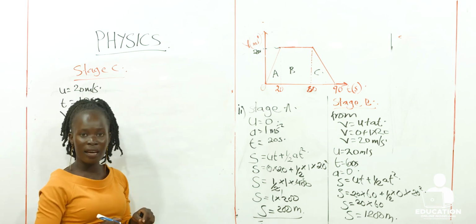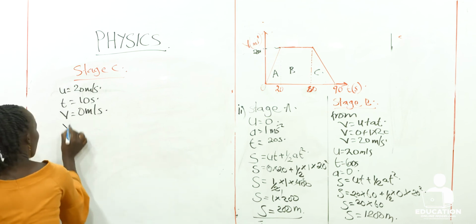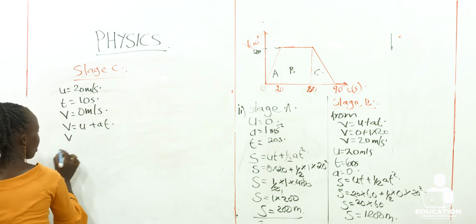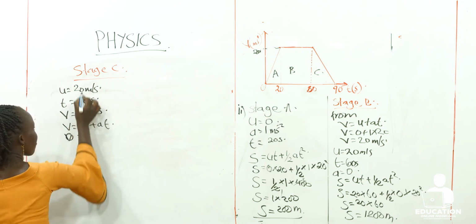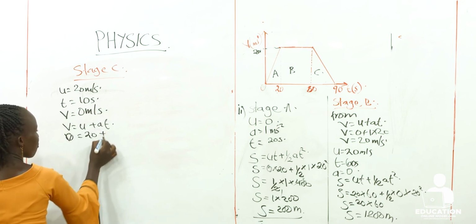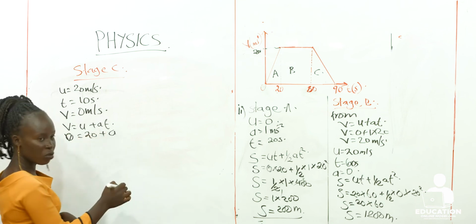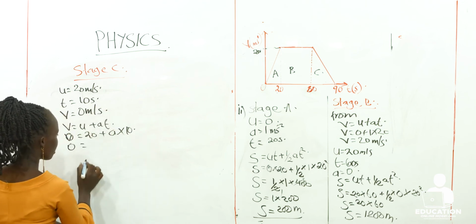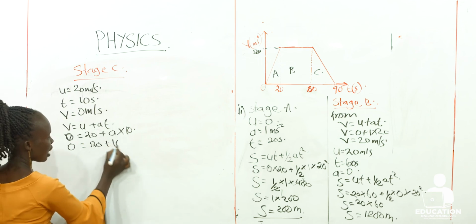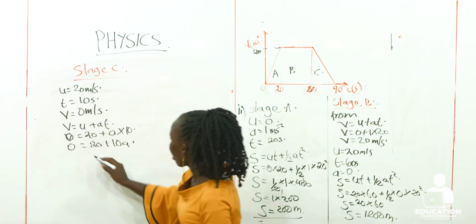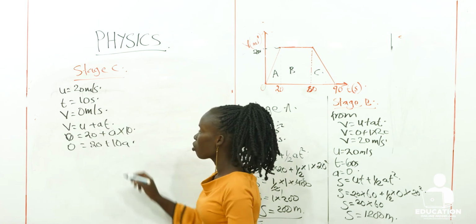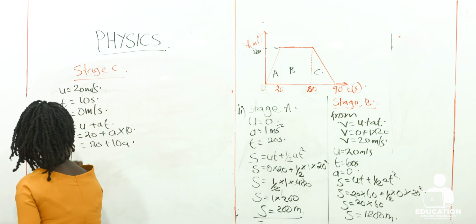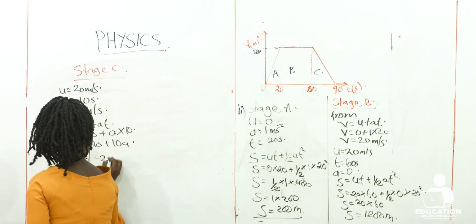We have to first get the deceleration from our V equals U plus AT. Our V this time is 0, and then we have our U, which is 20, plus our A, which is what we want to find, and then the time, the 10 seconds. We have 0 equals 20 plus 10A. Now we want to get the value of A, meaning we can make it the subject. So we shall have 10A equals negative 20.